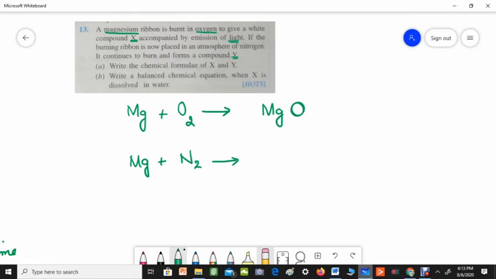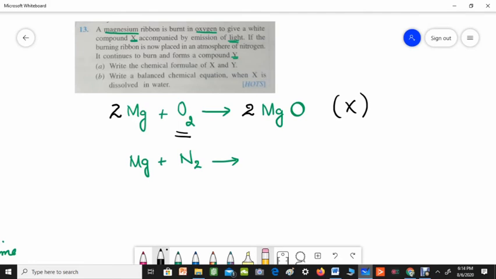The first compound obtained is X. This reaction is not balanced. How do we balance it? Oxygen on the reactant side is 2, so on the product side we need to make it 2 by putting 2 on MgO. Now 2 MgO, you can put 2 on the reactant side Mg. Now the reaction is balanced.